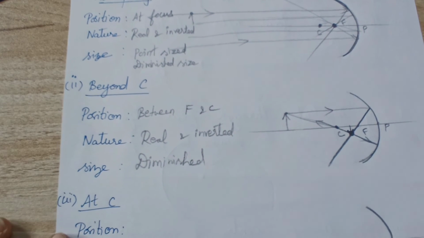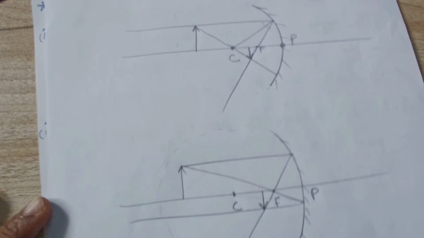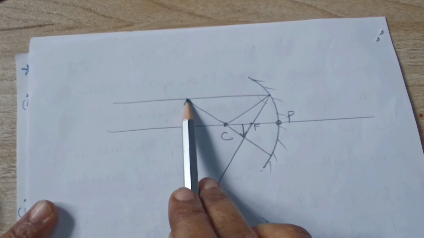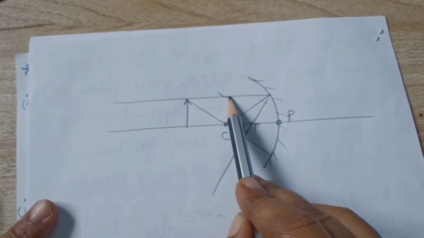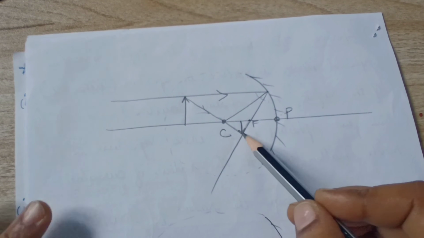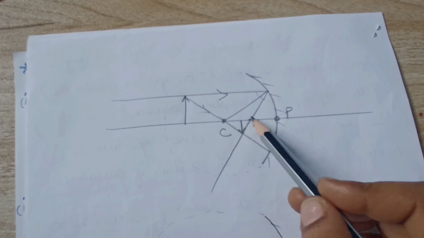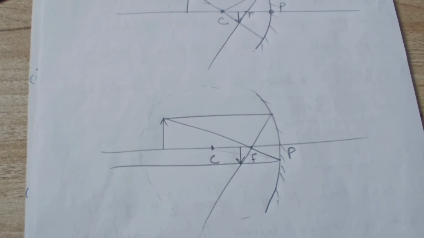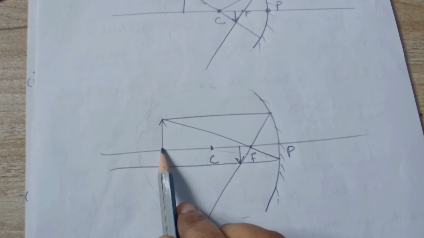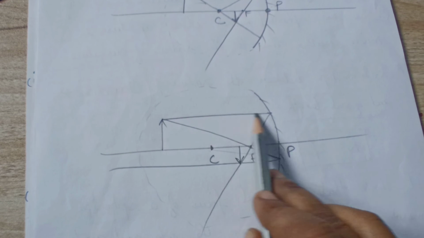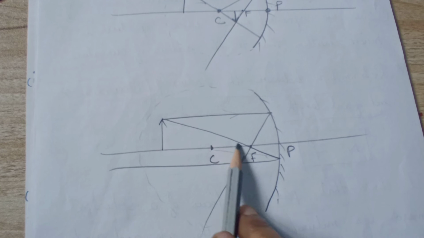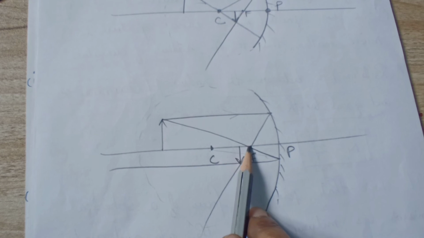You can take the same case. If you draw the rays passing parallel to the principal axis as well as through the center of curvature, you will get a diminished, real and inverted image which is in between C and F. If the object is placed beyond C, we take a ray which is parallel to the principal axis and also the ray which passes through the focus point, right?